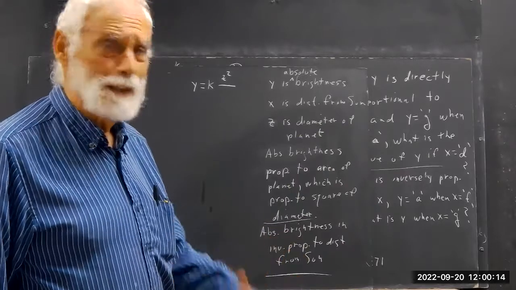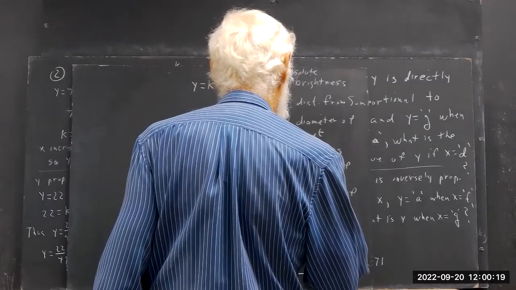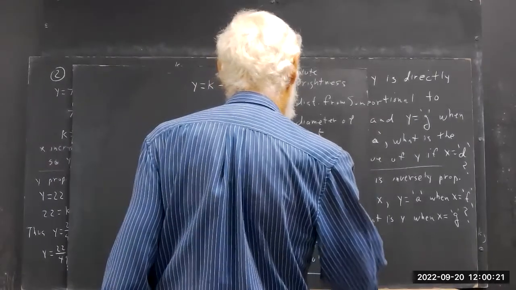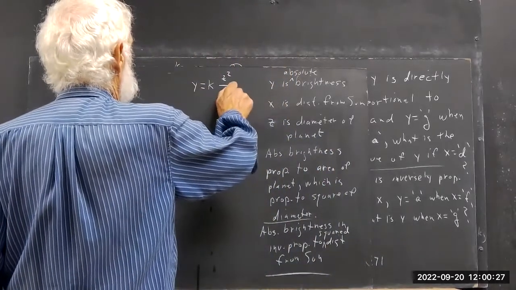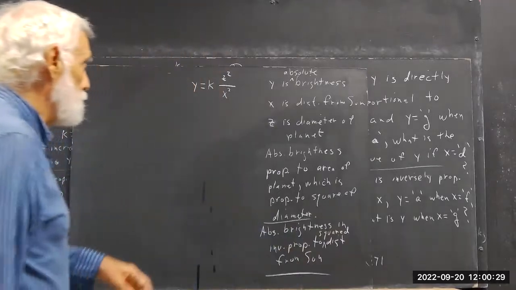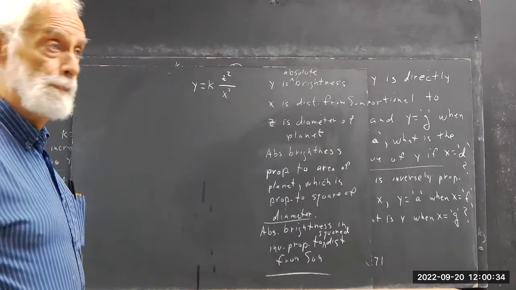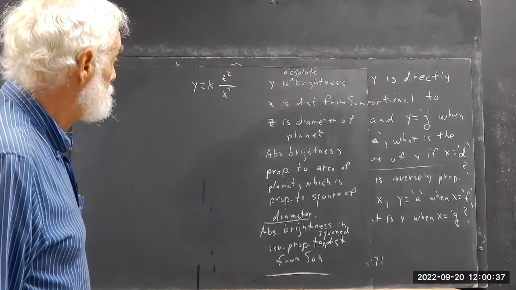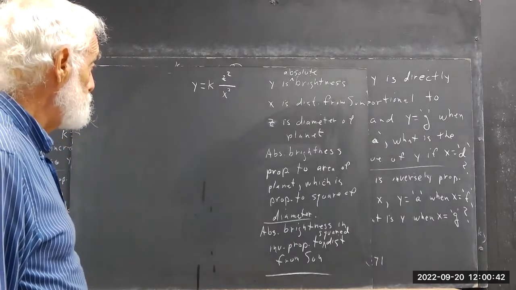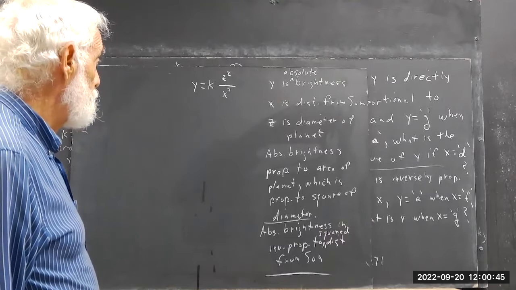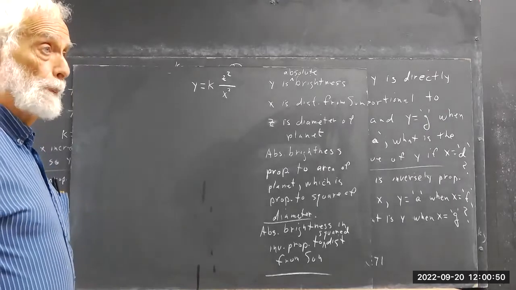Well, no, you didn't miss it, I did. I'll just say the square distance from the sun. So it comes out Z squared over X squared. If it was inversely proportional to the distance, you'd write Z squared over X. So there's our proportionality equation.